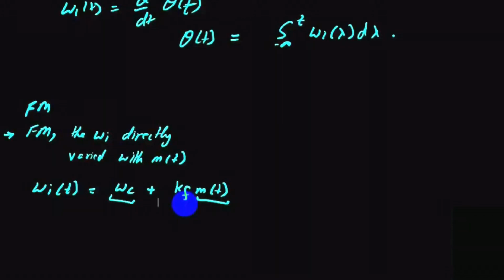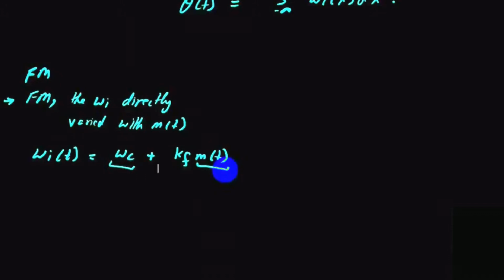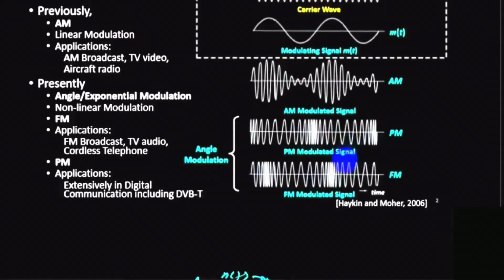So the question is, why do we need the sensitivity constant? The answer is that with the message signal, it determines how much you want to increase or decrease the frequency. For example, if the message signal goes up, by what degree should the oscillation increase?